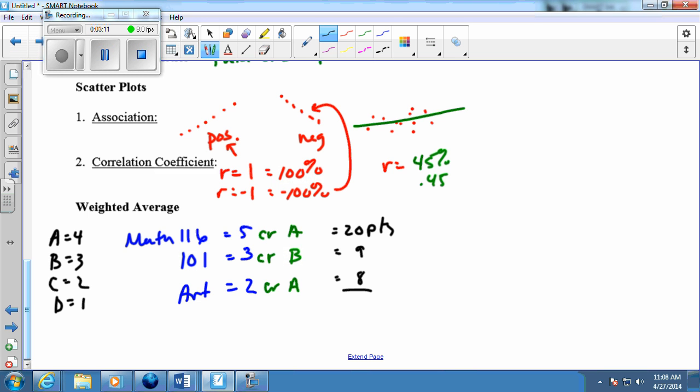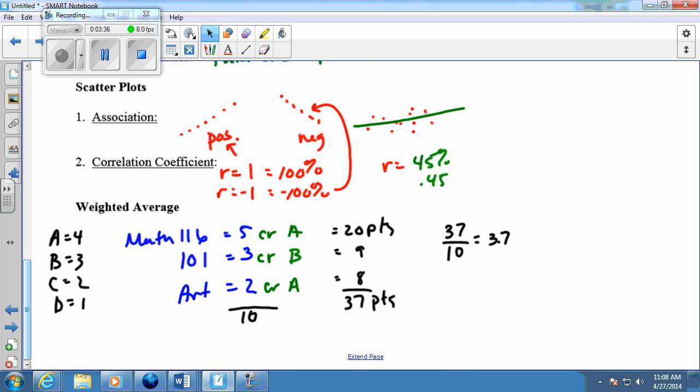So when I add this up, I get 37 points, but that's really not my GPA. What I need to do is go back and divide that by the number of credits I had. I had 10 credits. So a weighted average, notice I'm averaging, I added them all up and divided by how many credits there were. That's going to give me what we call a 3.7.